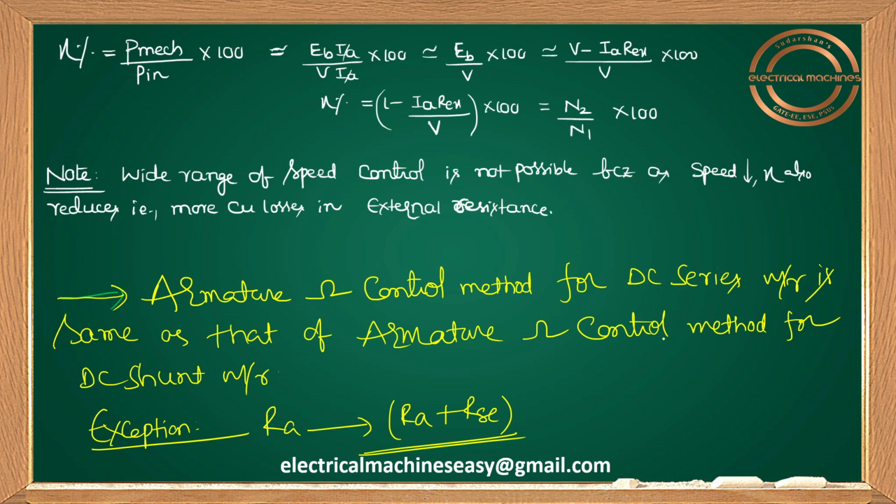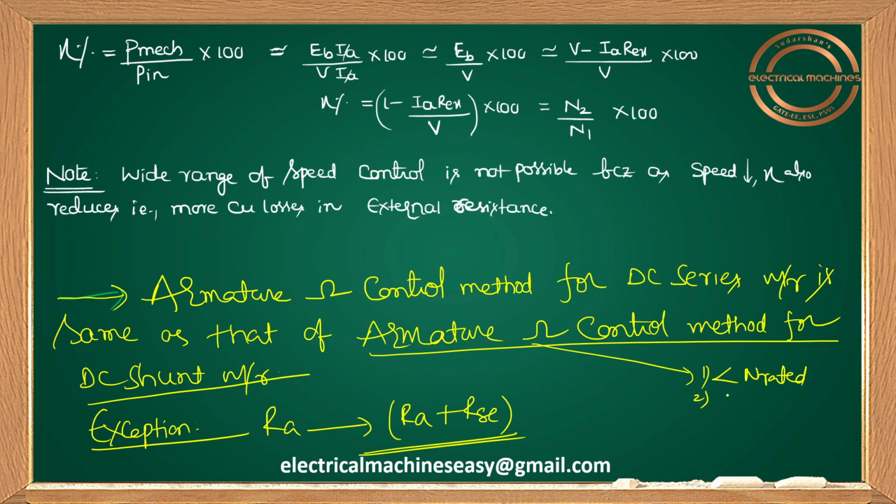Just like armature resistance control of shunt motor, we are getting below rated speed, less than rated speed. Number two, the motor behaves as, IA is taken approximately constant, that was a very important point, and the motor acts as a constant torque, variable power drive.